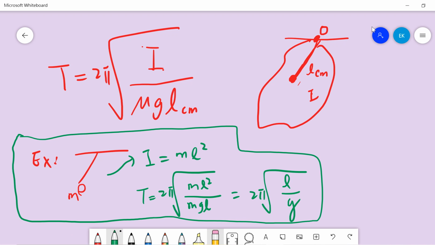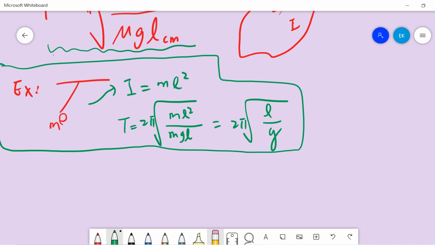Okay, I will prove this formula in a second. How about we first use this formula to get an answer, and then we prove this formula. So we just use the formula.